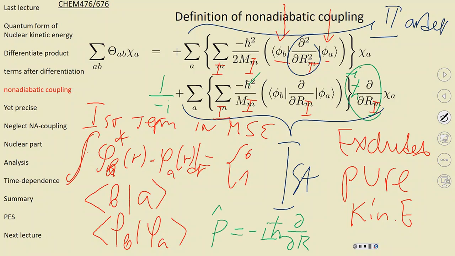Then this term can be called the momentum operator for ion number i. So this is an investment into the far future, but now it's the best time to do it. So the practical part of the non-adiabatic coupling is the response of the electronic wave function to a shift of nuclei times the momentum of nuclei.